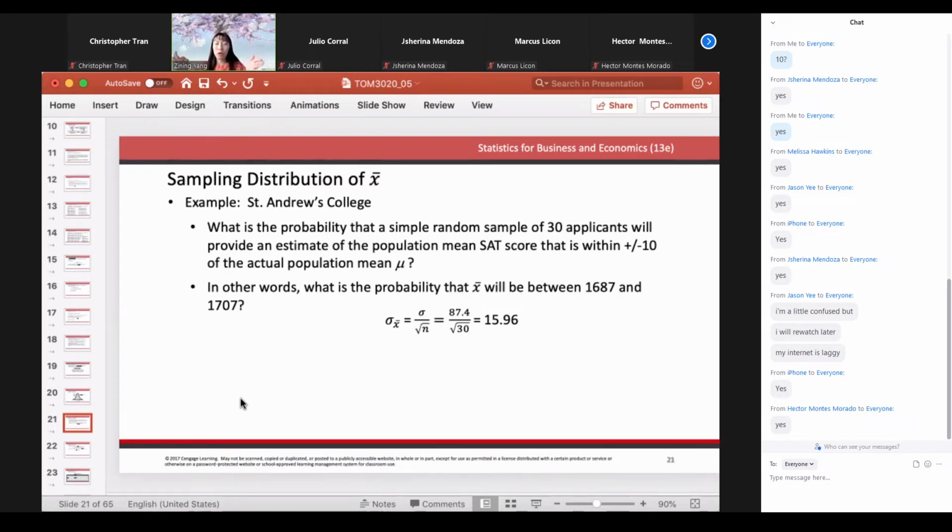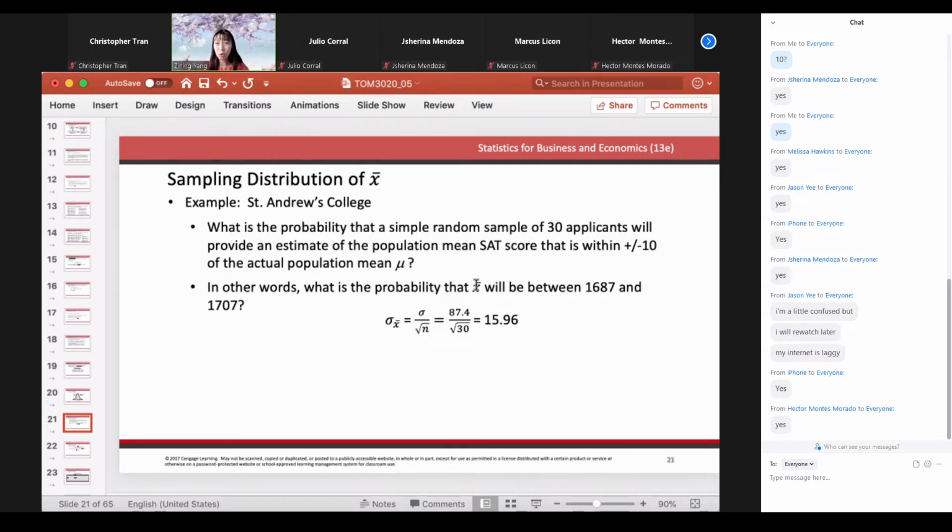So the question is asking, what is the probability that the sample mean would be close enough? Because if you pick different samples, like student number 50 to 80 or student number 280 to 310, maybe you happen to pick a sample of really smart students whose SAT scores are really high, and that's not a good representation of the population.